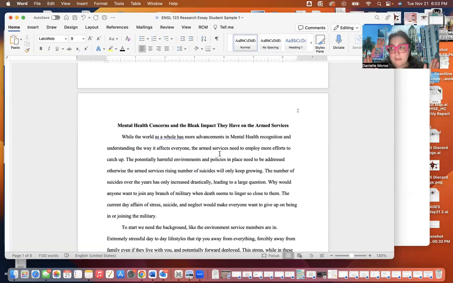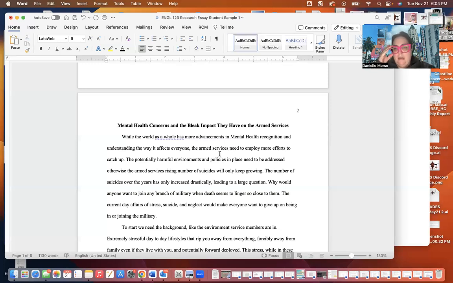All of the armed services, one branch, you know, but it doesn't tell me ultimately what they're arguing. They do say it has a bleak impact, but I would say that that's redundant, because mental health concerns, that's all I need. That's all any reader needs. If there's a mental health concern, obviously there is a bleak impact.